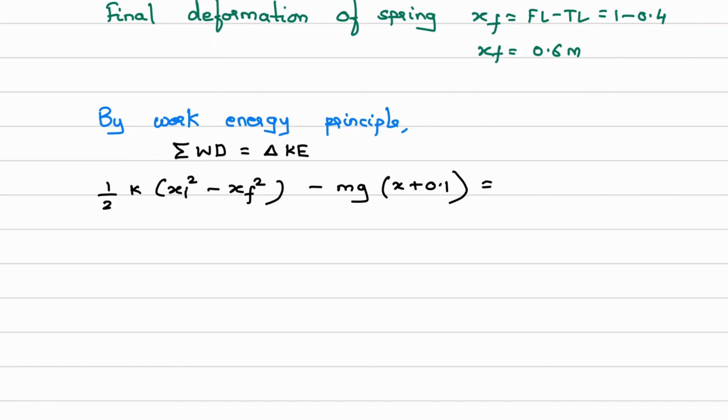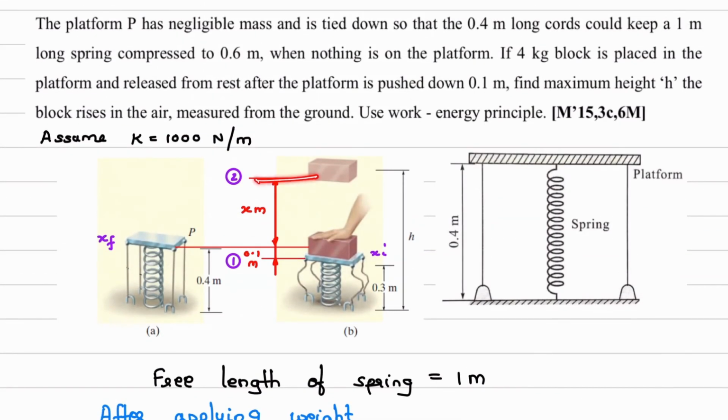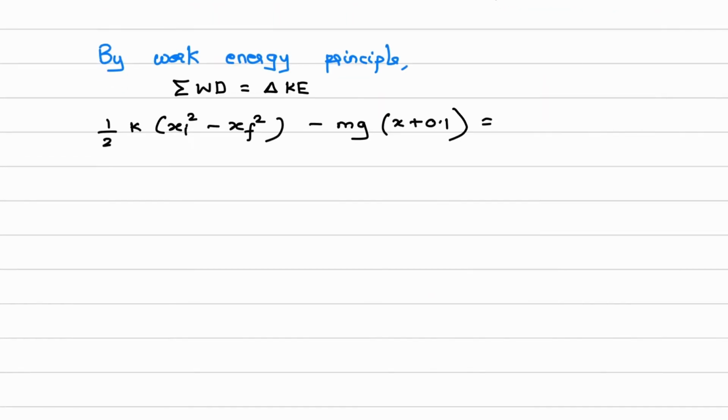in kinetic energy. Now final position of block is position 2, initial position is position 1. So what will be change in kinetic energy? Half m v2 square minus v1 square, equal to half m, mass of the block, into v2 square minus v1 square. Okay, so I'll substitute the values.